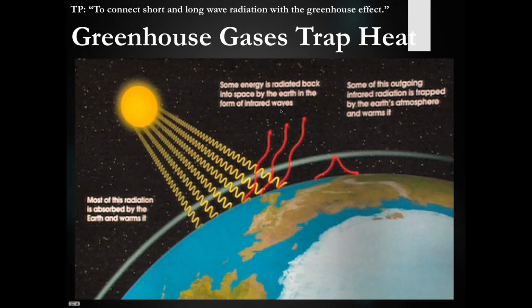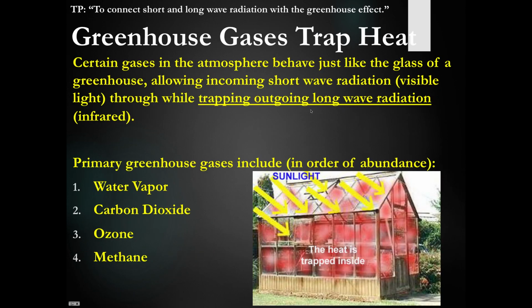Like our military uses infrared goggles, infrared masks or whatever it is, to help see people at nighttime, because people give off heat, so you can see movement of people at nighttime. Crazy. Some of this outgoing infrared radiation is trapped by the Earth's atmosphere. And we're talking about greenhouse gases here: water vapor, CO2, ozone, O3, and methane, CH4.